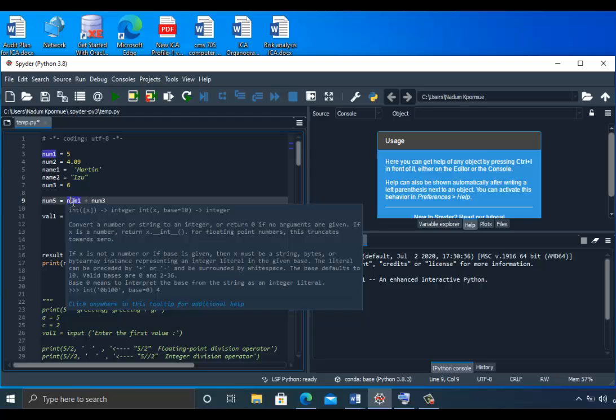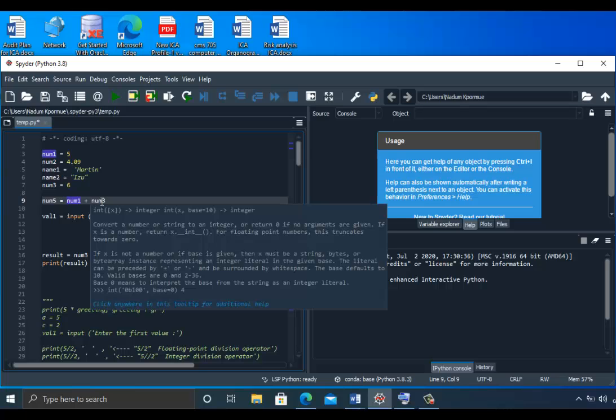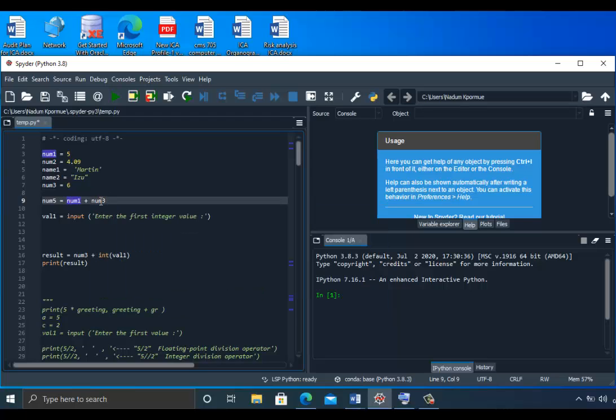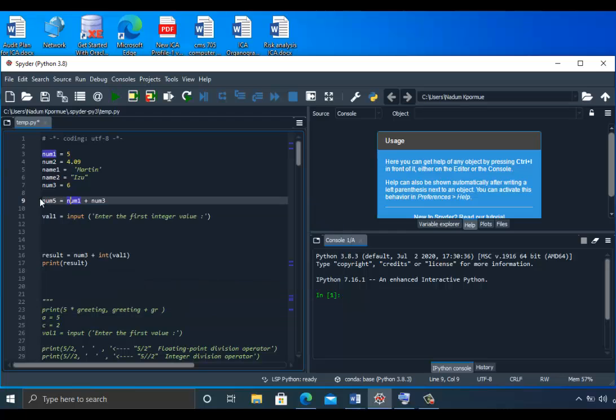Whatever is contained in num1 should be added with whatever is contained in num3. The solution should be assigned to another memory location that is referenced by the name num5. Okay, that is simply what this statement is all about.